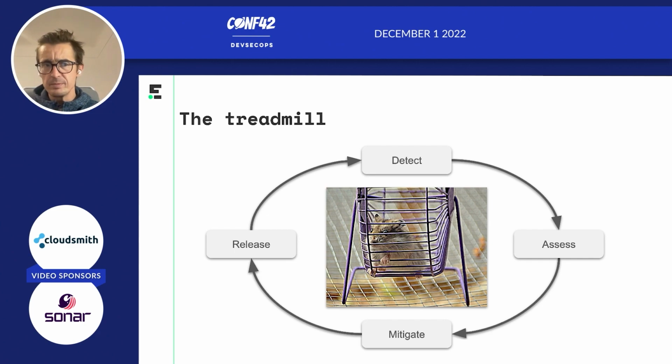So by now, developers really entered this treadmill of activities they need to carry out over and over again. They need to detect whether any of their components is subject to a known vulnerability. They typically use certain tools which come with false positives and false negatives.